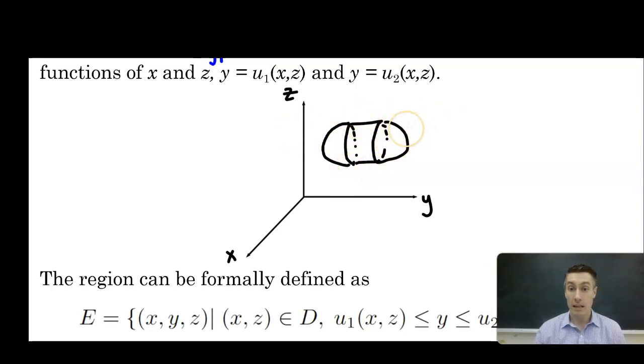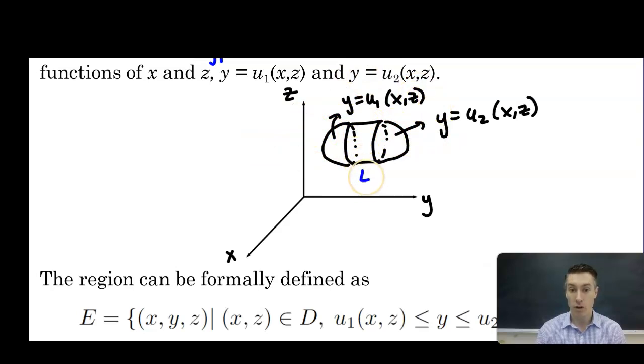That's our region E. Up at the top, we have y equals u sub 2 of x, z. At the bottom, y equals u sub 1 of x, z. Think closer and further away from the xz plane. That's our region E. We're projecting that onto the xz plane. So the projection or the shadow would be a circle. We'll label that D.